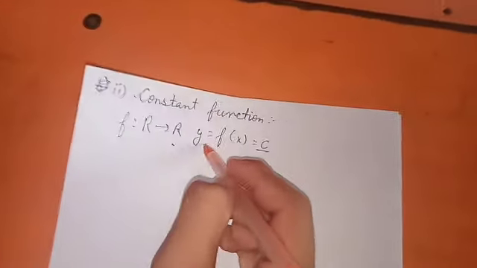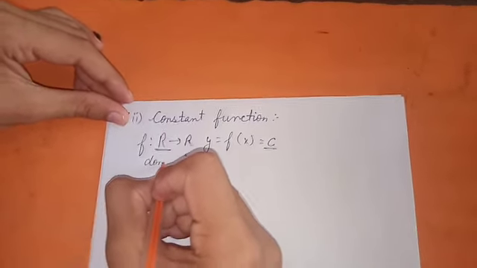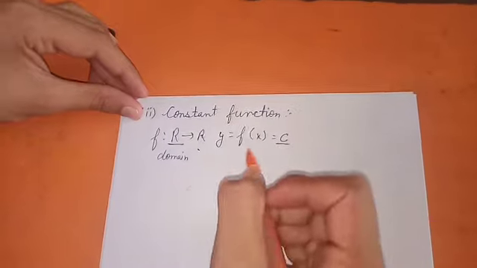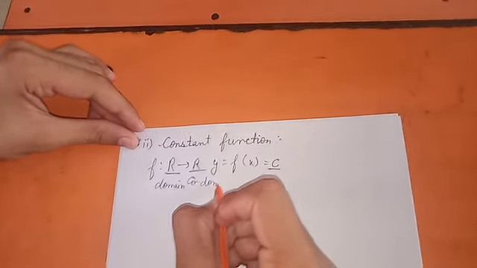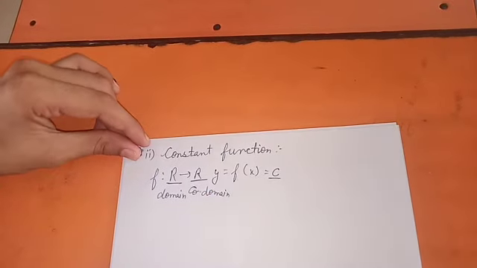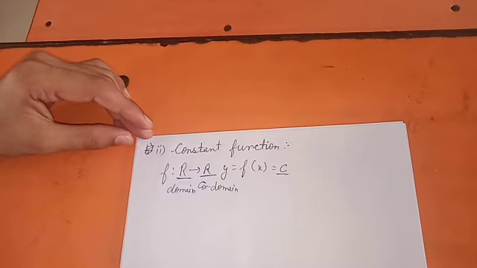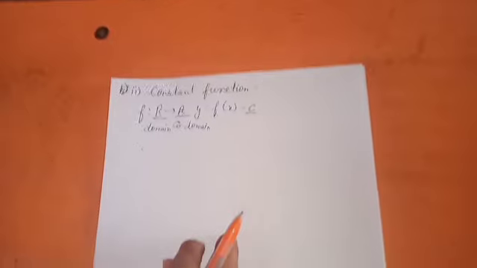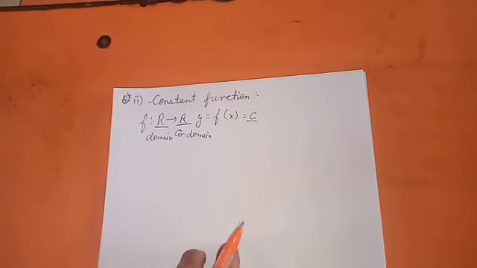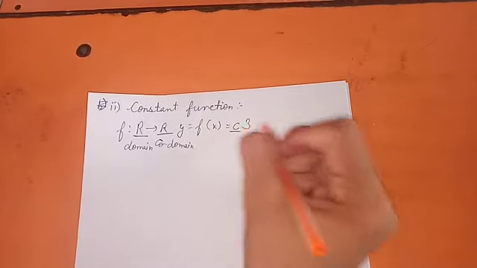This means that this represents domain. Our domain is R, and this represents our codomain. That means our domain and codomain both are real numbers. Okay. So we can say that C is 3 here.